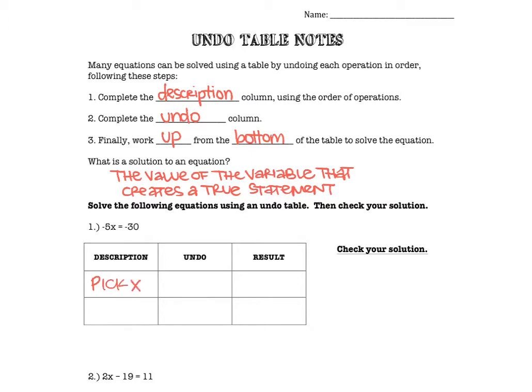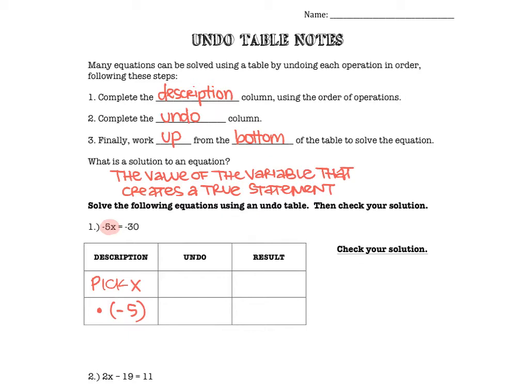What you're doing is looking at the side that has the x, and thinking, okay, if I knew what x was, what would I do to solve that side? In other words, think like what you would do in the check step. So if I knew what x was, I would then multiply x by -5.